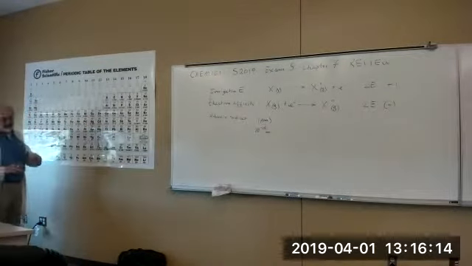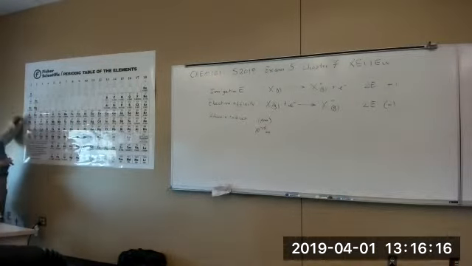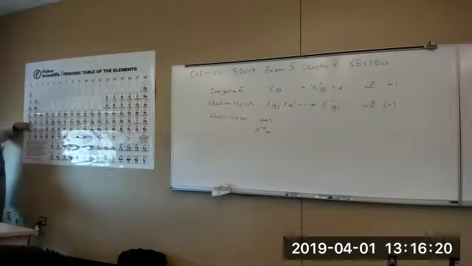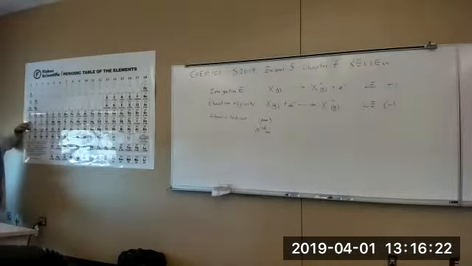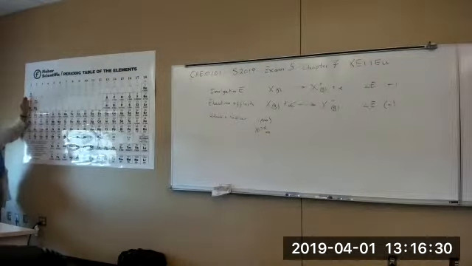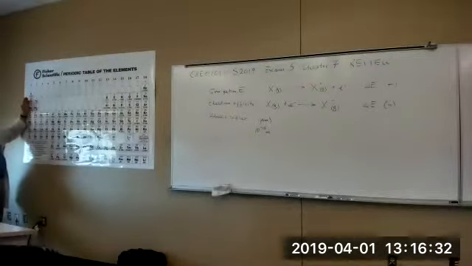So, for ionization energy, as you go down in a group, it takes less energy to expel that first electron. Or as you go up, it takes more energy to expel the first electron.